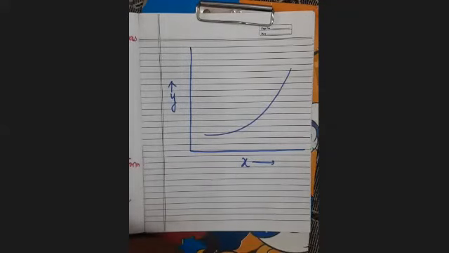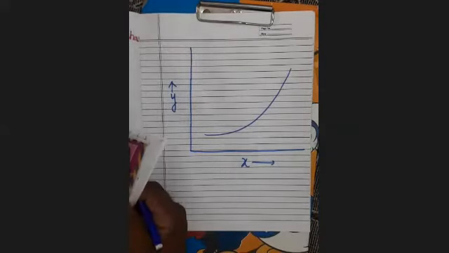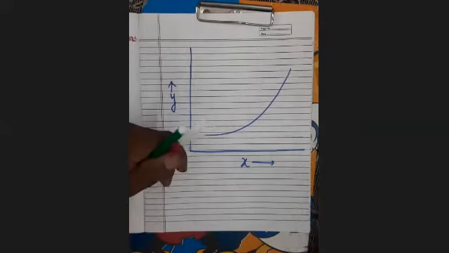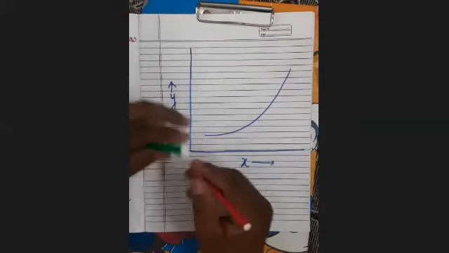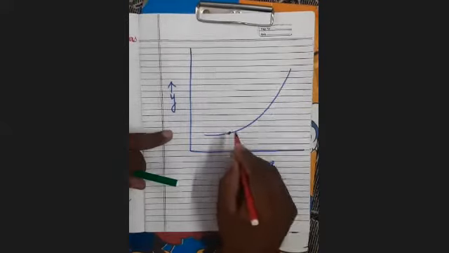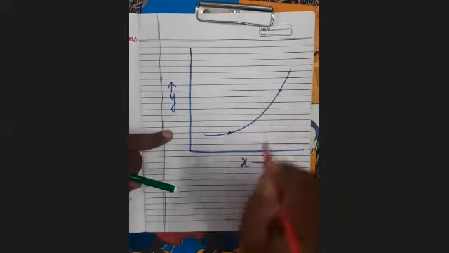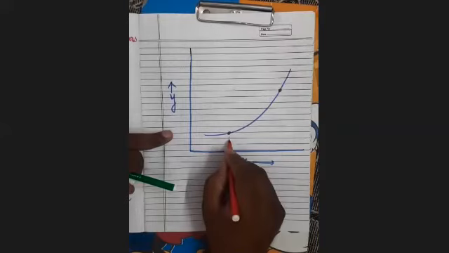If you find the slope using the previous concept, you take 2 points.